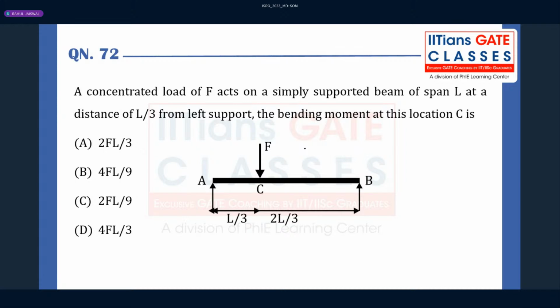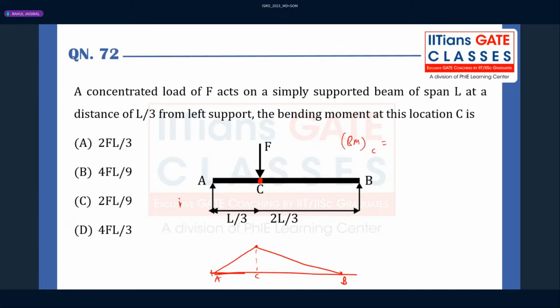The bending moment at this location, at the location C, would be what? We know that the bending moment at the ends will be 0, and at point C it will be maximum. A, C, B. What is the bending moment at C?